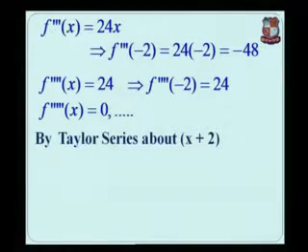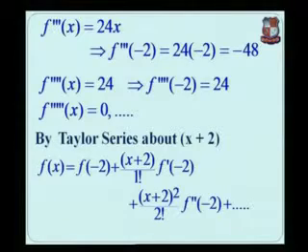Now the question is by the Taylor series about x plus 2, because a is equal to -2, that's why x minus a is replaced by x plus 2. So this is the formula, a replaced by -2, so the first term f(-2) plus (x+2)/1! f'(-2) plus (x+2)²/2! f''(-2) and plus, and all other terms are here.